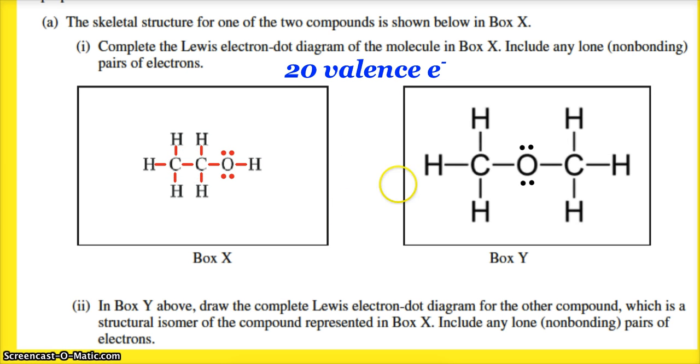And when I do that and keep the lone pairs, now I have my second structure. I don't think we wanted to add any double bonds, because there's really nothing else to do with all those hydrogens that can only single bond.